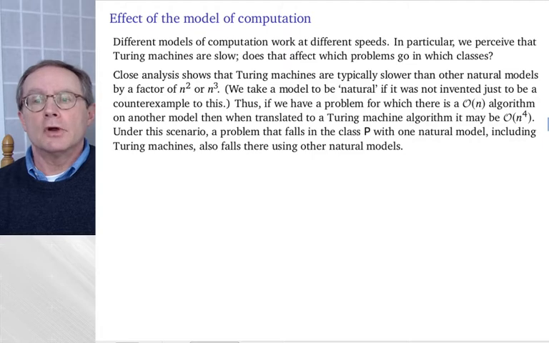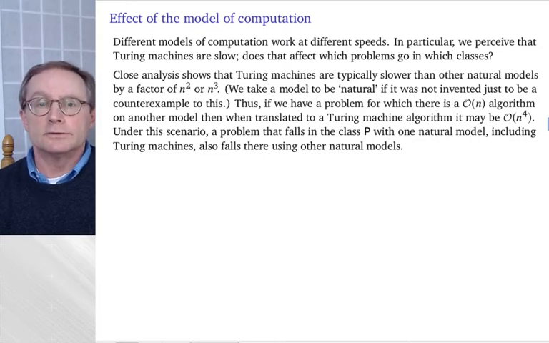Turns out that Turing machines are slower than a lot more familiar models like the random access model, but not that much slower. Close analysis, where you actually get down and do the details, shows that Turing machines are typically slower than other natural models, like the random access machine model, by a factor of n squared or n cubed.